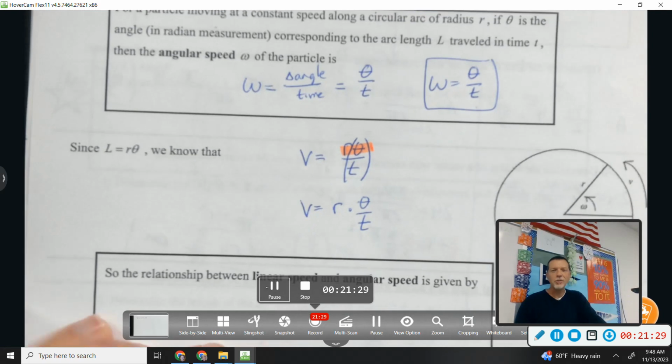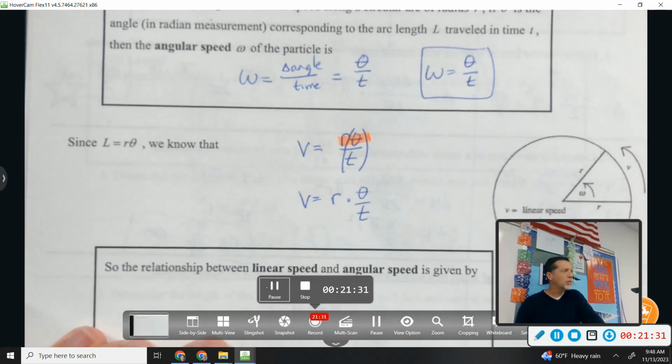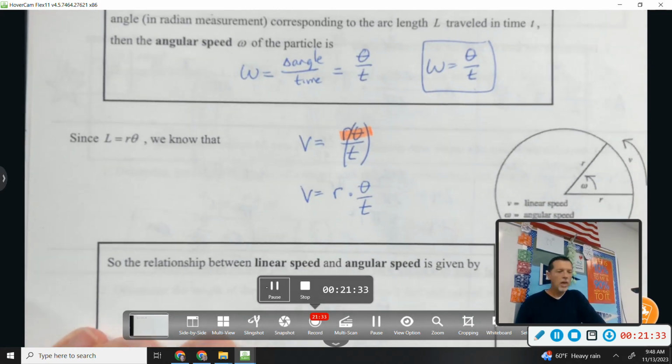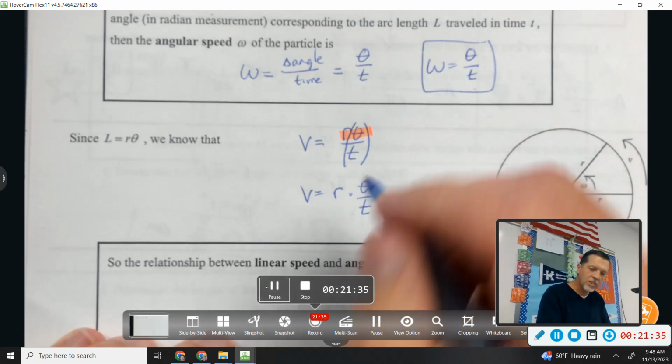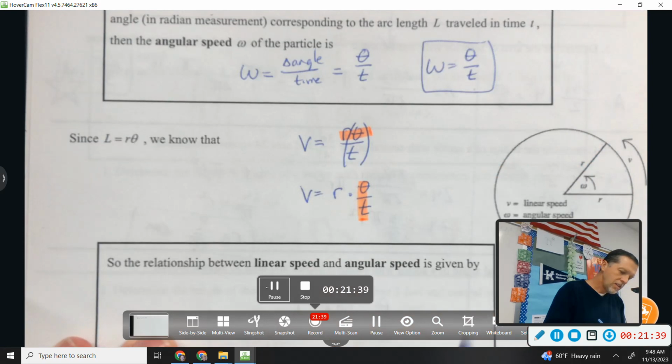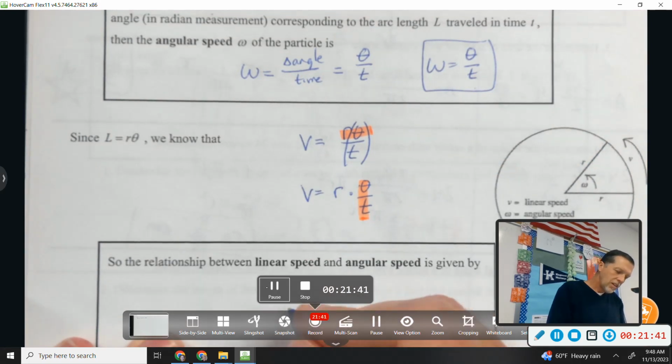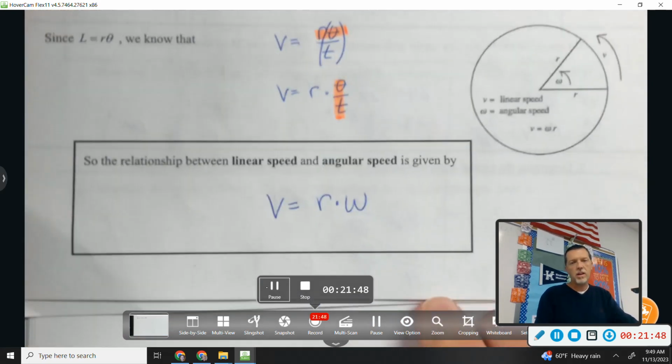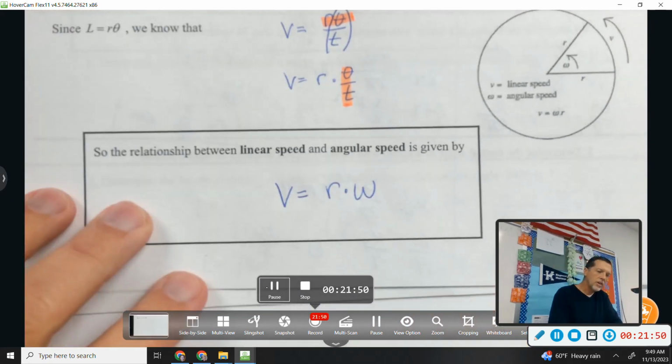I didn't do anything fancy there. I just regrouped who was with who. What's theta over t equal? Omega. So velocity is equal to r times omega. Velocity is equal to r times omega.